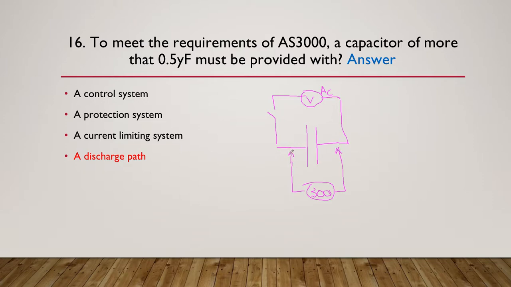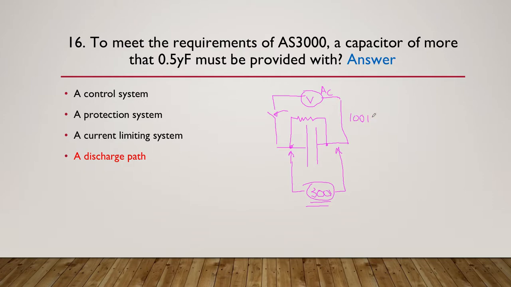Soon as that switch opens, so we open the switch, guess what? The voltage still stays at 300 volts across the capacitor, and it can stay there for a long time. So the way we solve the problem is we simply put a resistor in parallel across the capacitor, and it's normally something in the order of 100k, something that large.